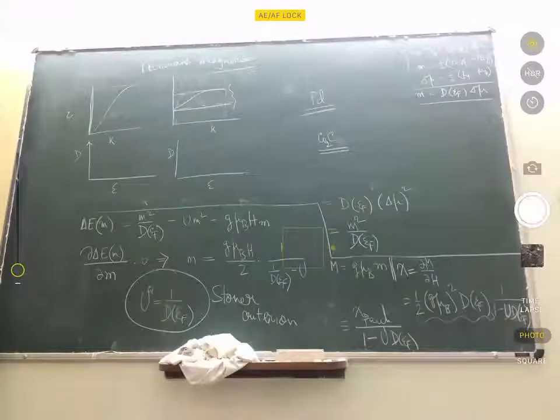It's small. So therefore, there is an enhancement in the susceptibility. It doesn't quite become a ferromagnet, but the chi is enhanced because of this large density of states.